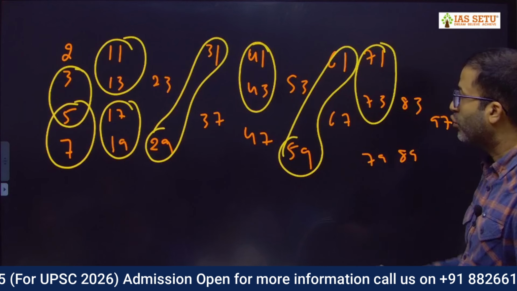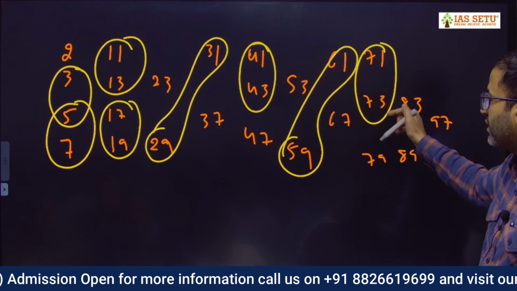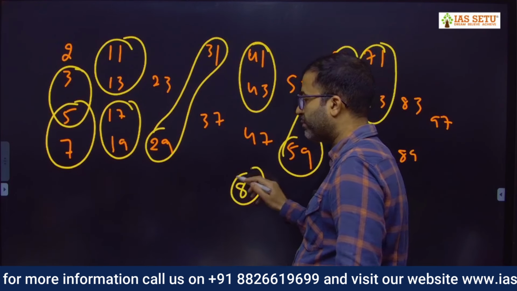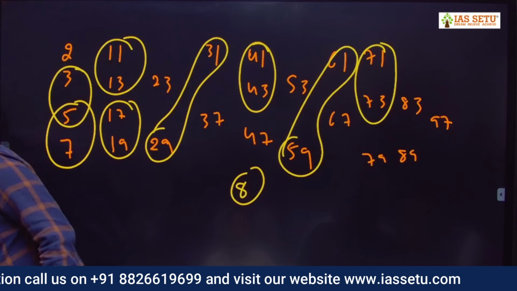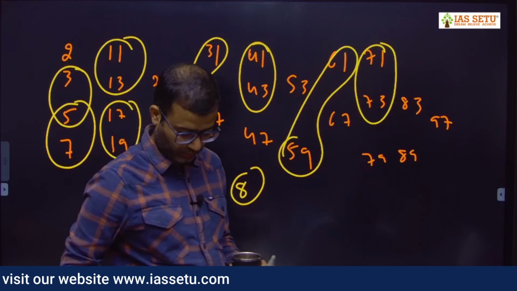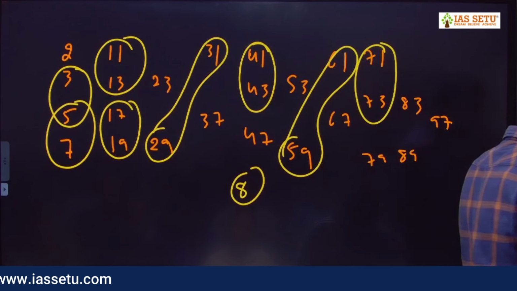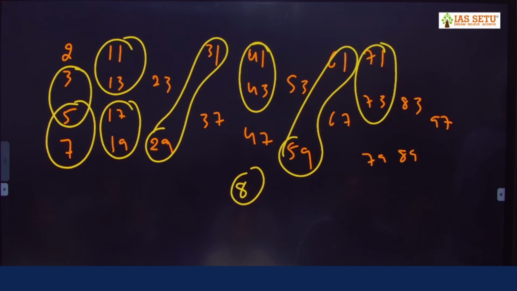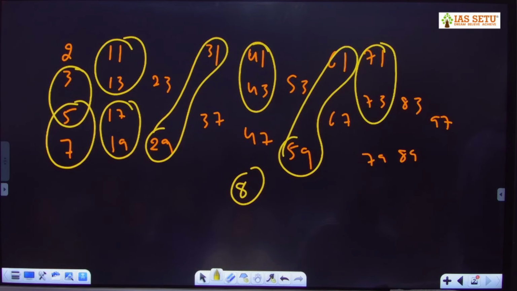Okay. So 1, 2, 3, 4, 5, 6, 7, 8. So we have 8 pairs of twin primes. Fine.